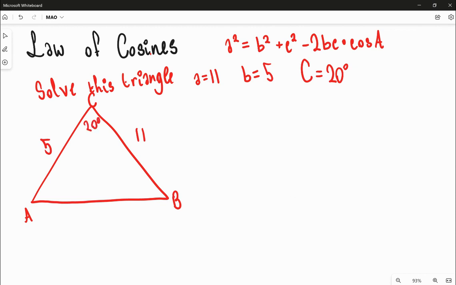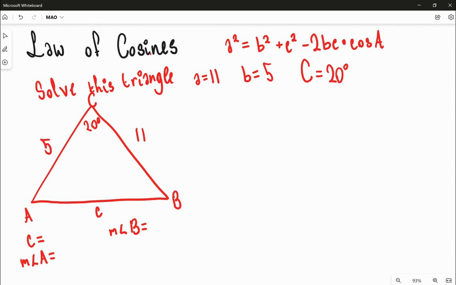So what do we have to solve for? We have to solve for C, this C here. We have to solve for the measure of angle A and the measure of angle B. So I'm going ahead and leaving spots for those here so you don't have to deal with it later.